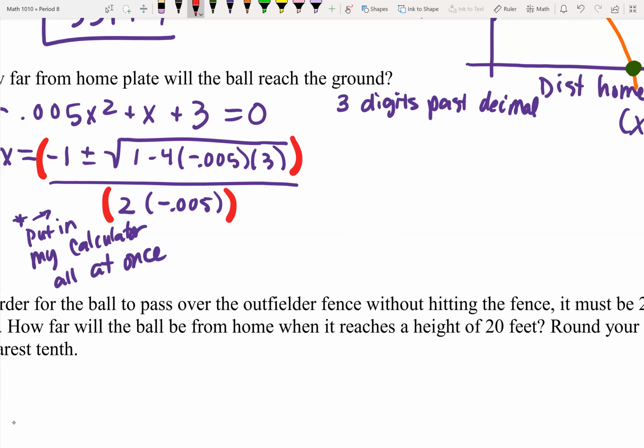Then go divide parenthesis 2 times negative 0.005, close it, enter, and you get x equals negative 2.956. Am I done coming up with answers? There's another one, right? So everybody hit up 1 time, then go right, right, right. Put a negative right there, hit enter, and you get 202.956.